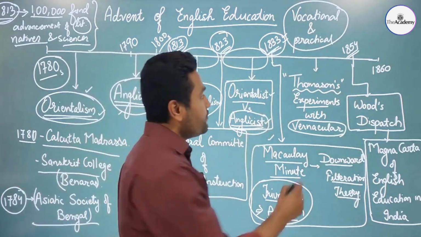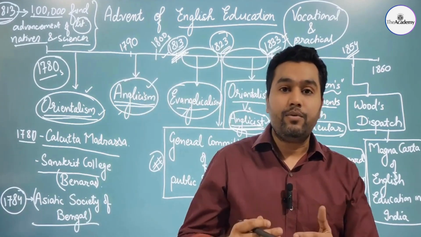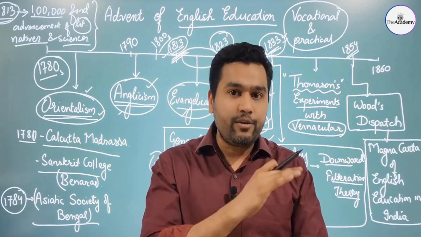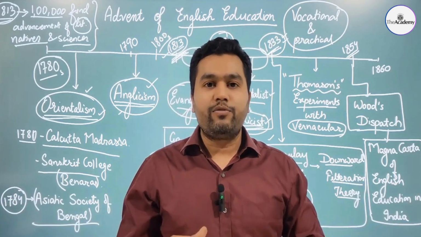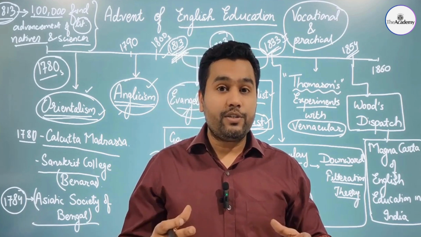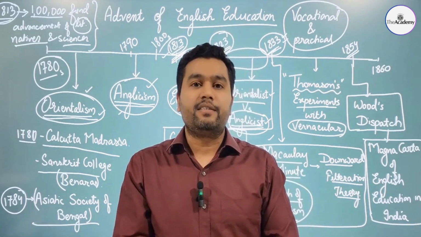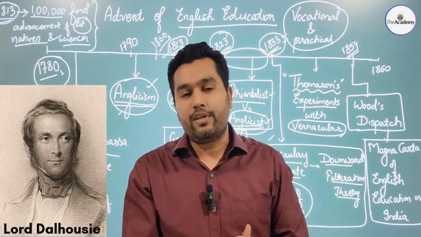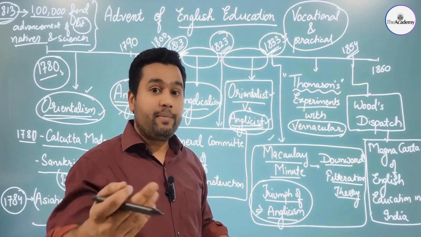And this experiment of Thomason of imparting vocational and practical knowledge in vernacular language proved to be immensely successful in the northwestern region. In the decade of the 1840s and 50s, when Lord Dalhousie was the Governor General, Thomason started his experiments and was immensely successful.